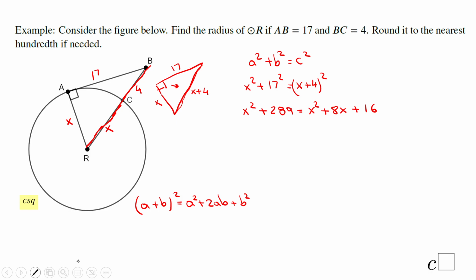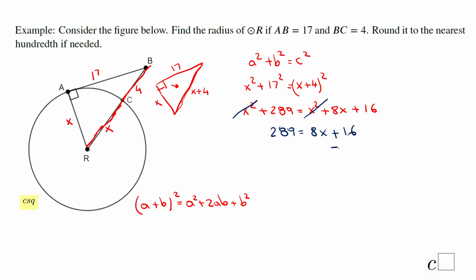If you are scared because it's a quadratic, don't be scared, because look here, we can cancel out this X squared. One is on the left side, the other one is on the right side. So in fact, we have a linear equation: 289 equals 8X plus 16.